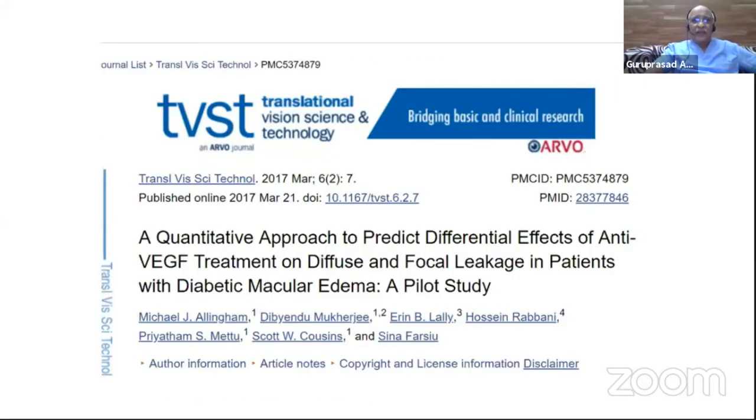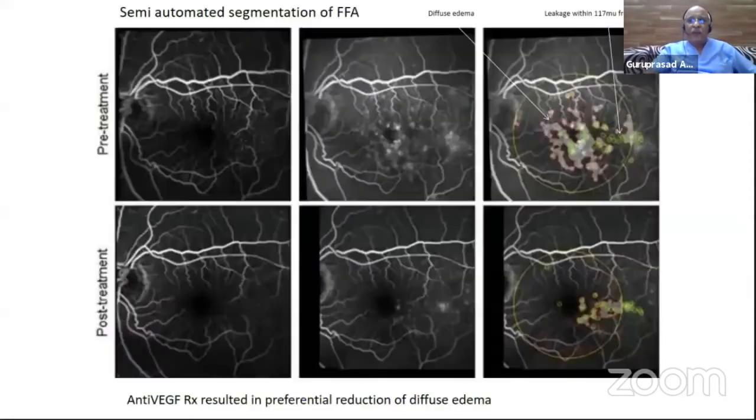One interesting study that I came across is the quantitative approach to predict differential effects of anti-VEGF treatment on diffuse and focal leakage in patients with DME. And they found that by semi-automated segmentation on FFA, leakage outside 117 microns from the microaneurysm was considered as diffuse edema, and that within 117 microns was considered as focal edema.